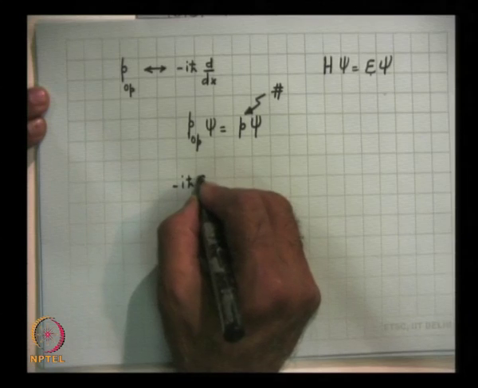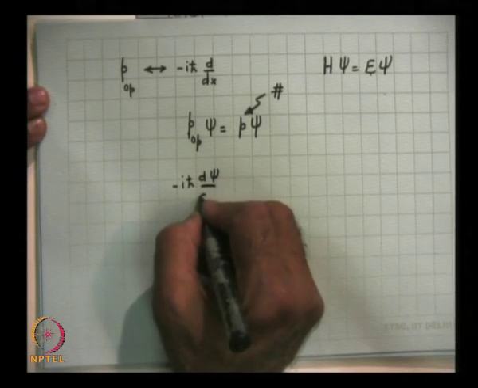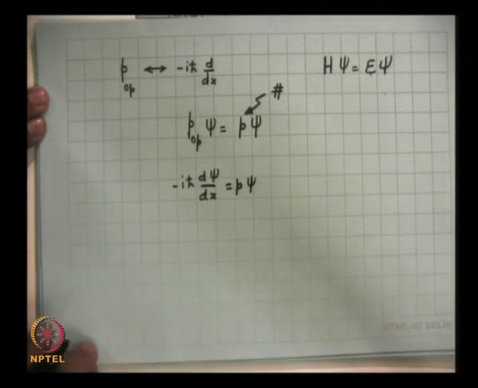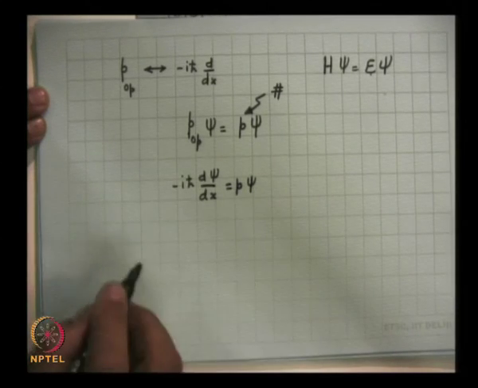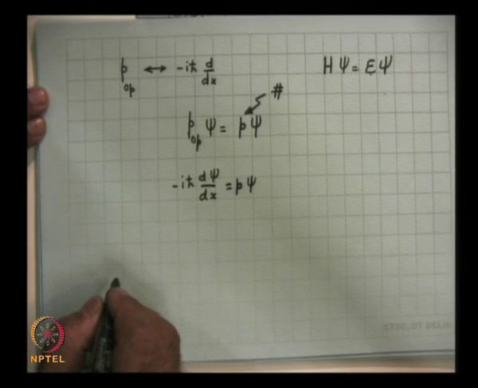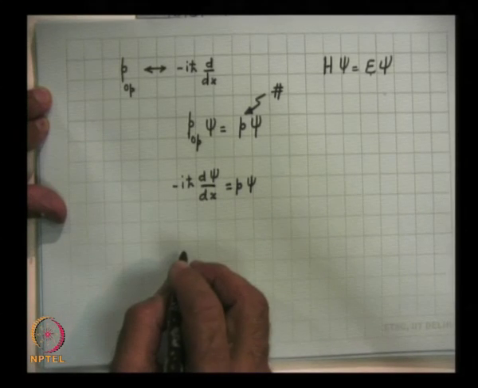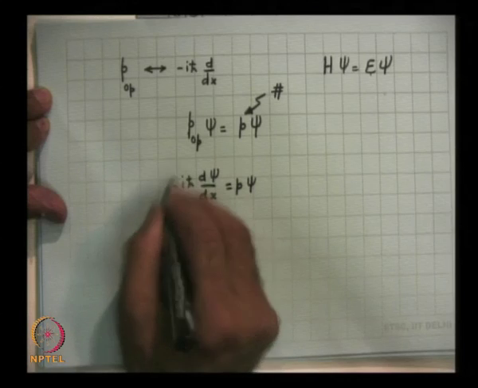So, I will have minus i h cross d psi by dx is equal to p psi, where p once again is a number. So, I multiply by i by h cross. The left hand side becomes 1.